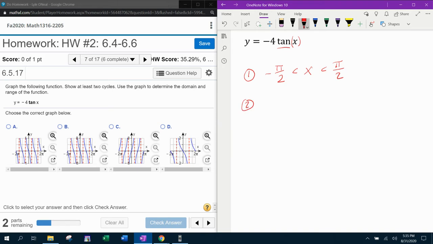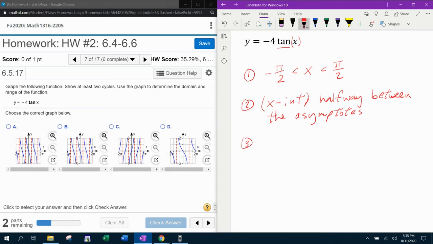Now, step number 2, you need to know that there will be an x-intercept halfway between the asymptotes. So for every 2 consecutive asymptotes right in the middle, you'll have an x-intercept unless there's a vertical shift, which we're not going to run into that in this problem, okay? So there will be an x-intercept right in the middle of consecutive asymptotes.